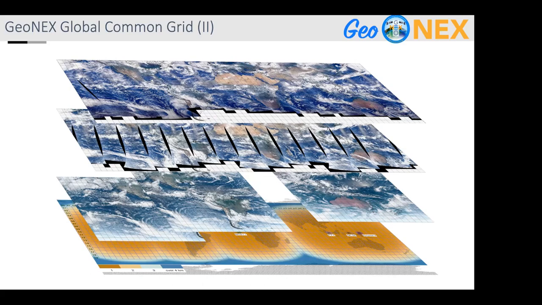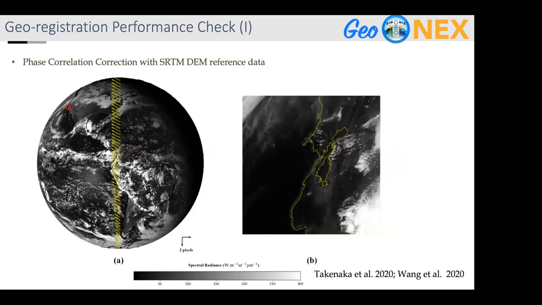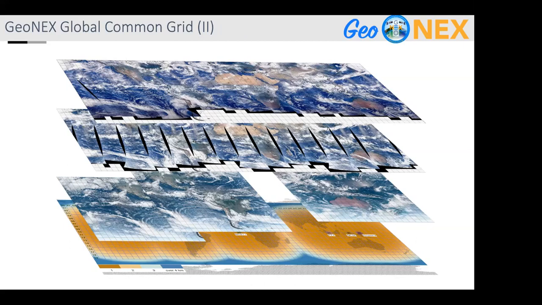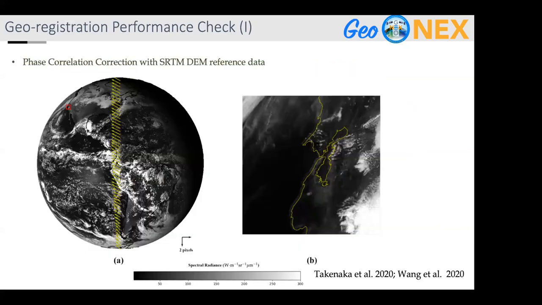All right. Okay. So actually, let me go back. Because we want to put all the different data from different sensors together, we have to make sure every sensor is at the right location at each time step. That means we have to do this geolocation correction correctly.